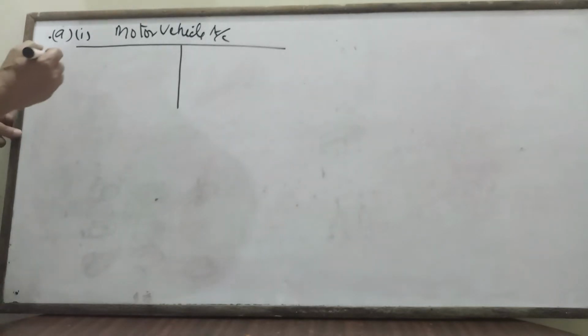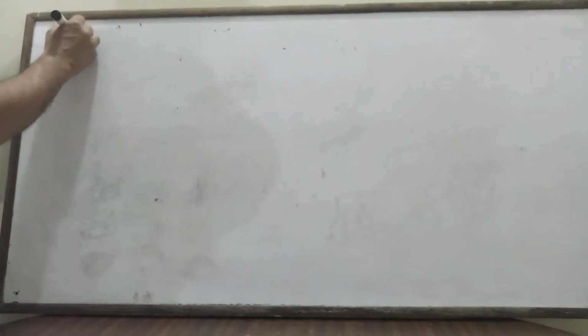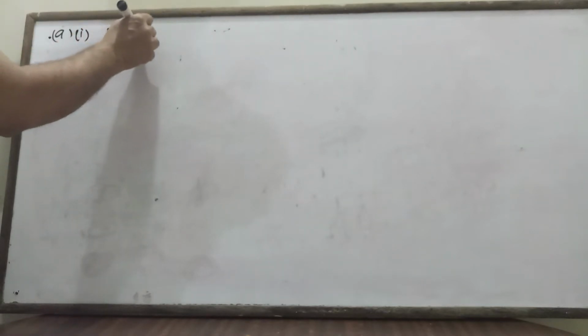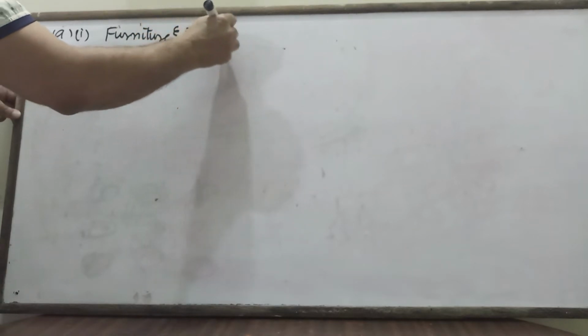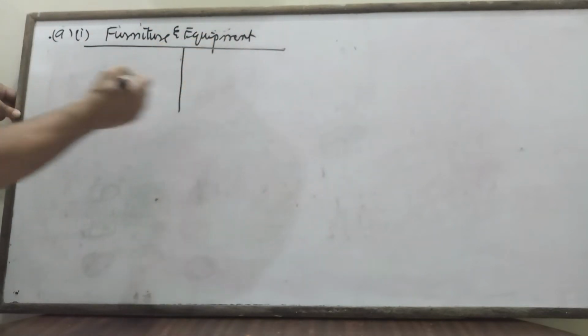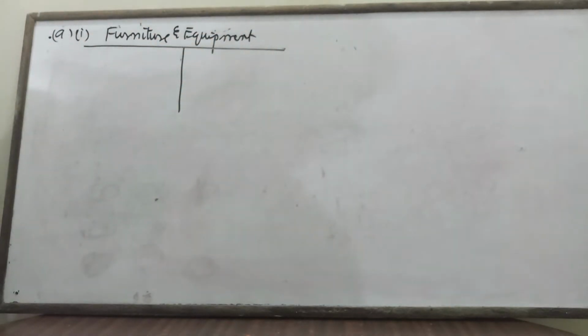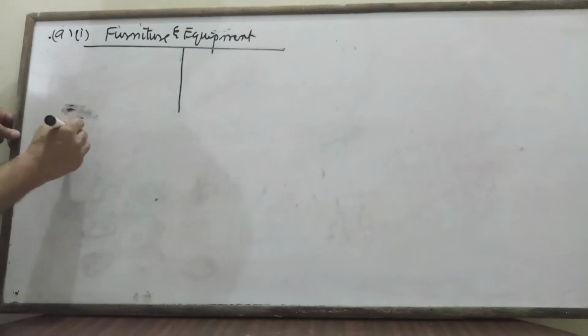I'm just solving part 1 first. Part 1 is the furniture and equipment account, and part 2 is the motor vehicle account.